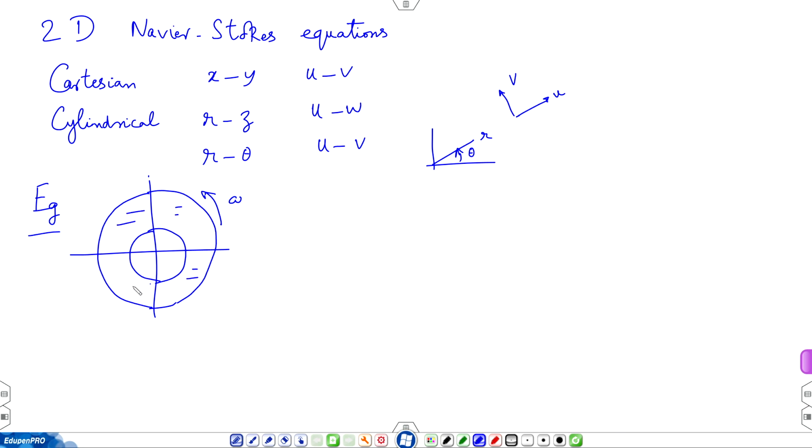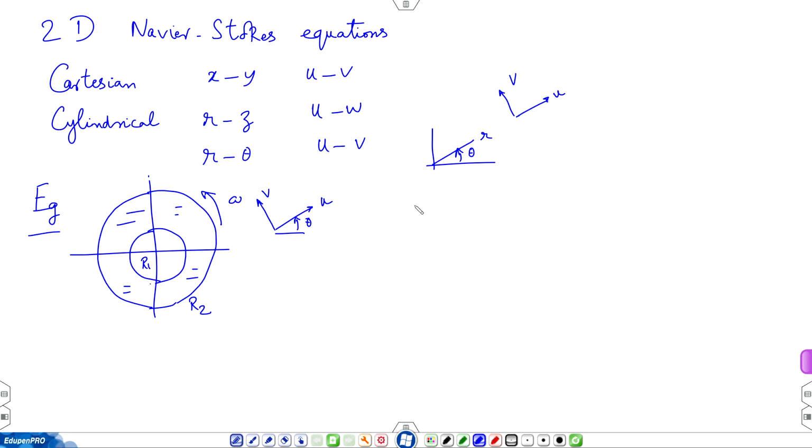this gap is filled with oil, R1, R2, and we got u and v as the velocity components.